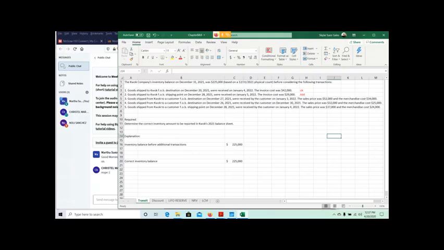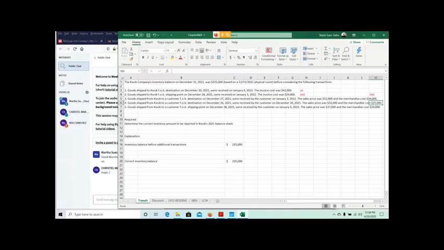This 34,000 of merchandise was FOB destination. That means that we still own it at the end of the year until the customer receives it on January 3rd. So we need to add this 34,000 to our inventory.